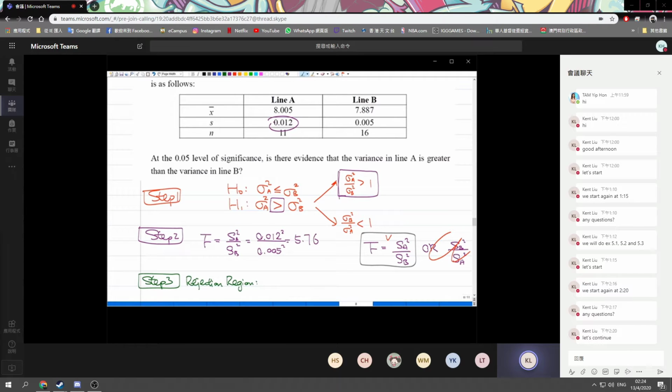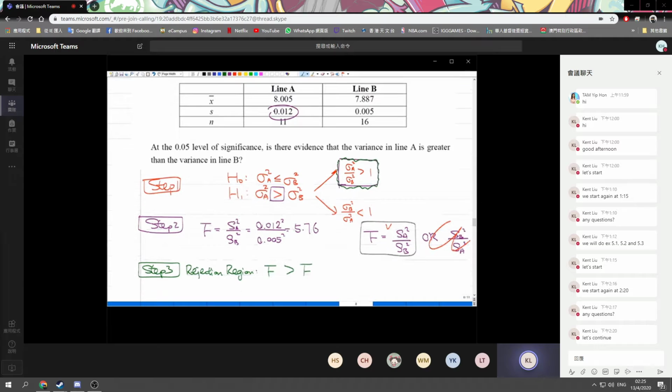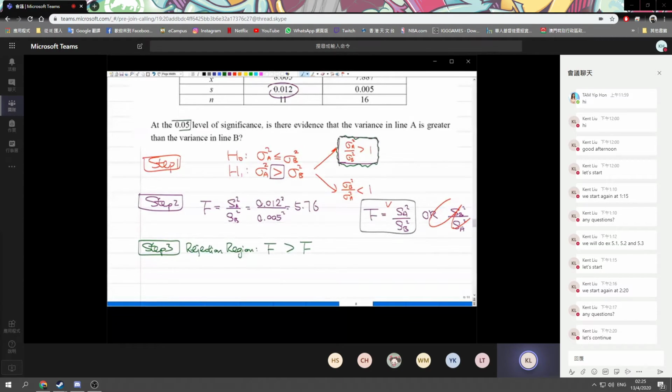Because of the way we put our alternative, our rejection region is going to be F greater than the critical value. Here we are doing 5%, and this is a one-tail test, so there's no need to divide alpha by 2.